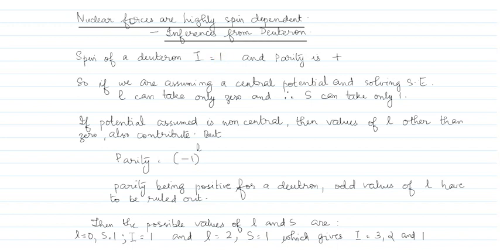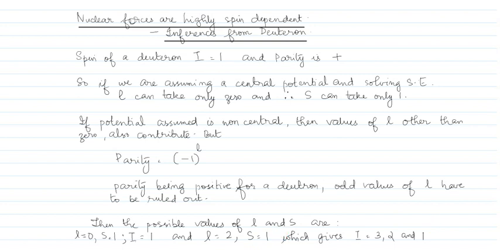So the possible values of L and S, if we are assuming a general non-central potential, are L equal to 0, S equal to 1 and I equal to 1 as one possibility. The other possibility is L equal to 2, S equal to 1. Then the resultant I can take values from L plus S to L minus S, which would give me 3, 2 and 1.